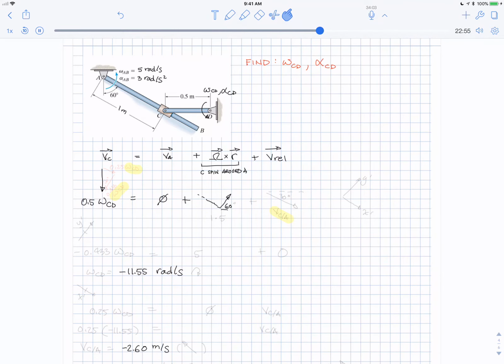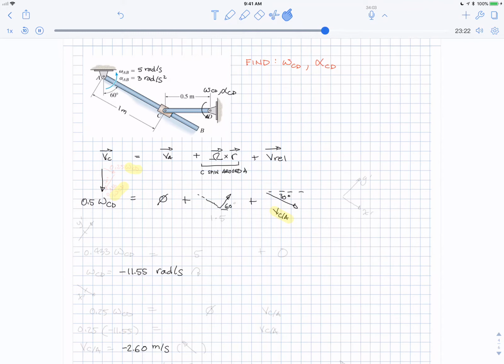Okay, and then we have C relative to A sliding. I'm gonna guess it's going downhill this time. We'll see if I guess right. So that'll be V C relative to A, and that's going down that arm, which is at 30 degrees below horizontal.